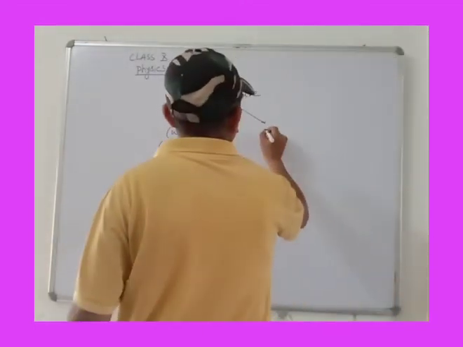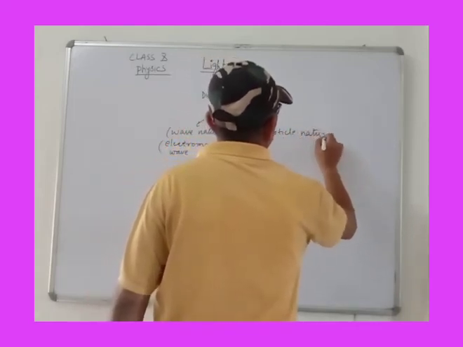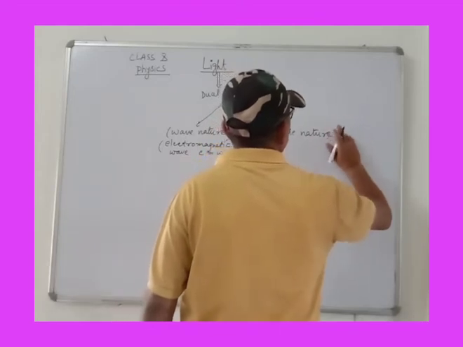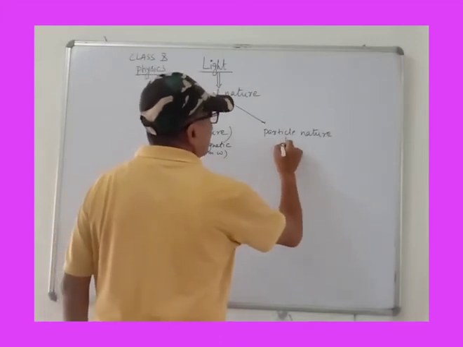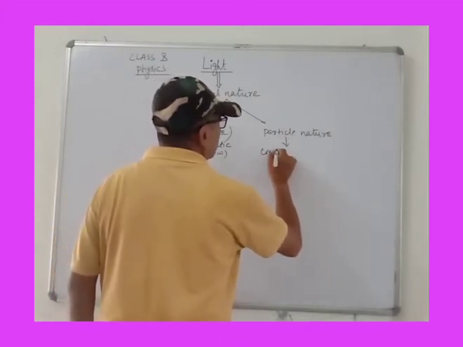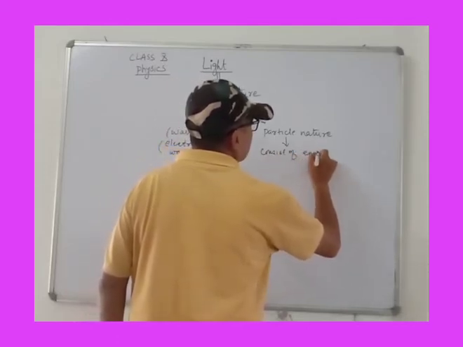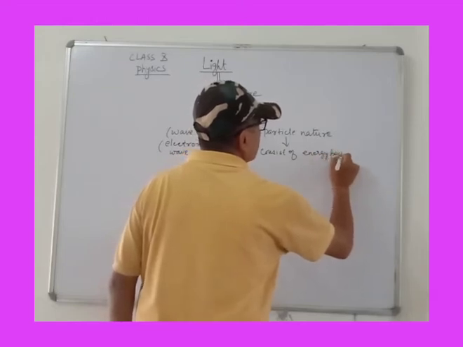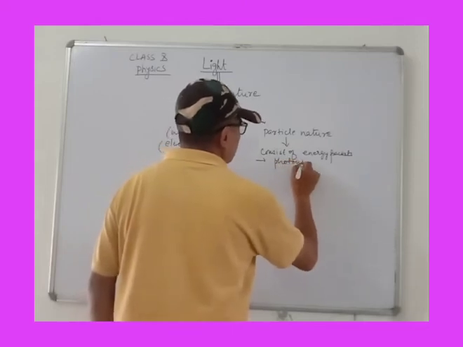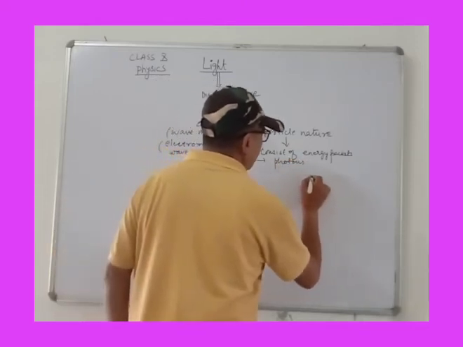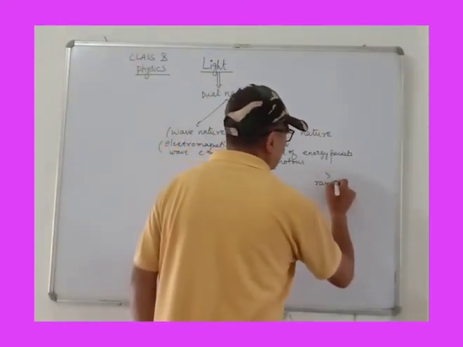Another nature is particle nature. Nature of light. Particle nature. In particle nature, light consists of energy packets called photons, and when these photons travel in a straight line, so many photons travel, we call it a ray of light.